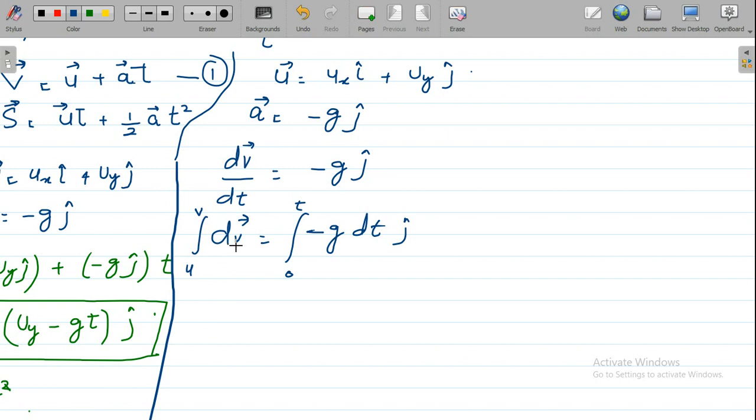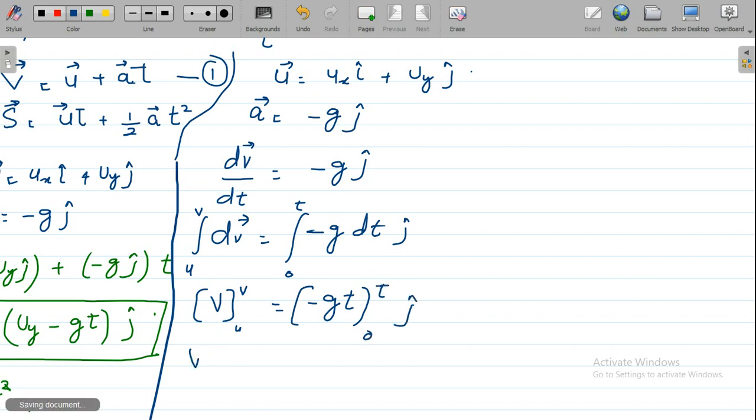So it will be integration of dv from limits u to v. It will be minus g, that's constant, this body is moving with constant acceleration, and integration of dt will be t from time 0 to t, and it's j cap.